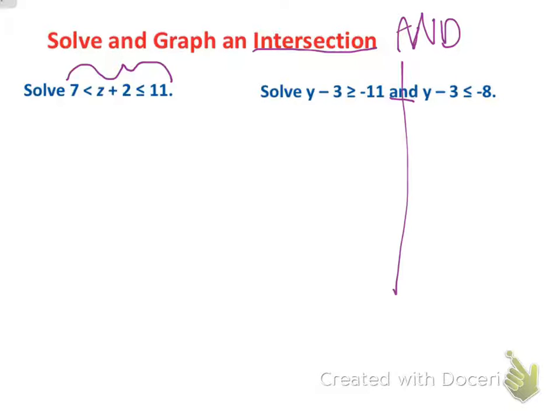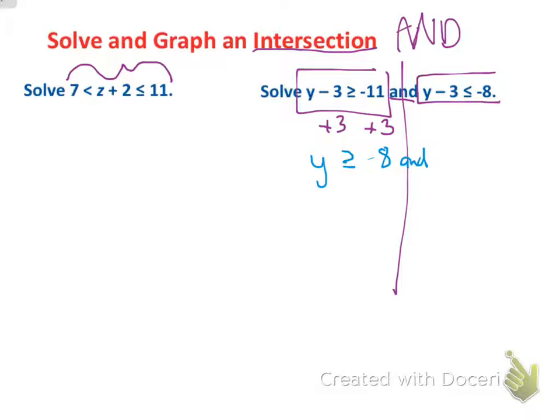So we're solving this side here first. y minus 3 is greater than or equal to negative 11. So I need to add 3 to both sides, and I get y is greater than or equal to negative 8. And I need to solve this other side here.